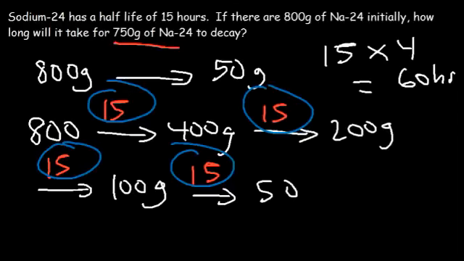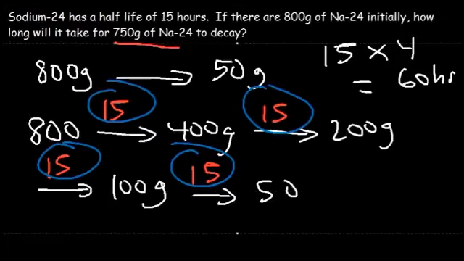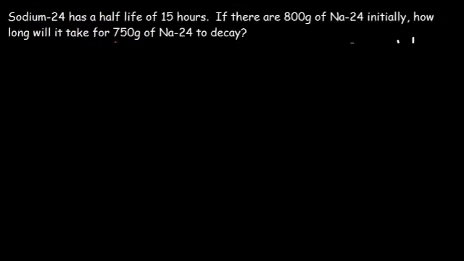So now let's use an equation to get that same answer. The first thing we're going to do is find the rate constant K, which is the natural log of 2 divided by the half-life.